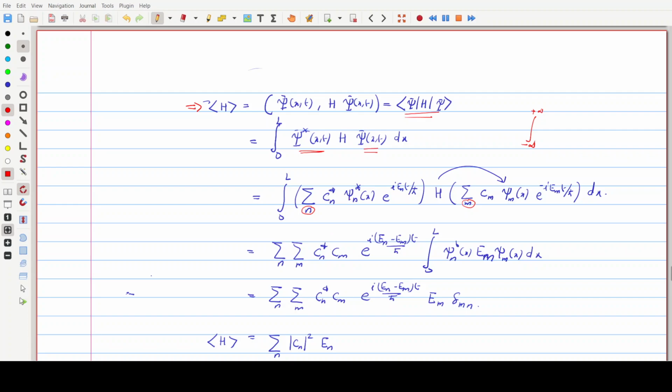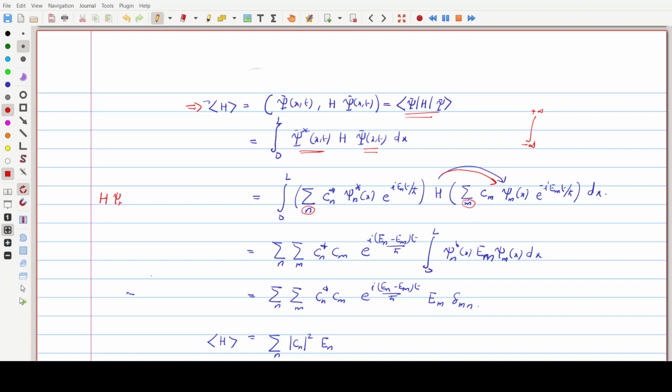Okay, so now in this case many terms we can take outside the integration. The summation over n can be taken outside, the expansion coefficients cn star cm, and the dynamical phase can also be taken outside. And we have the integral from 0 to L of psi n star, and H acting on psi m of x. Remember all the psi n's are the energy eigenfunctions.